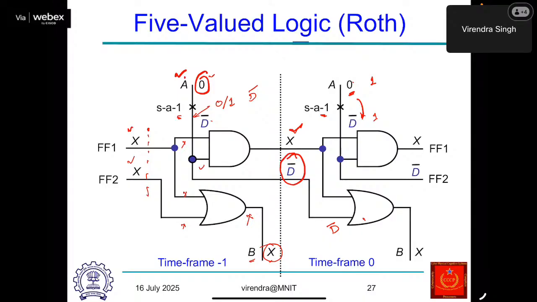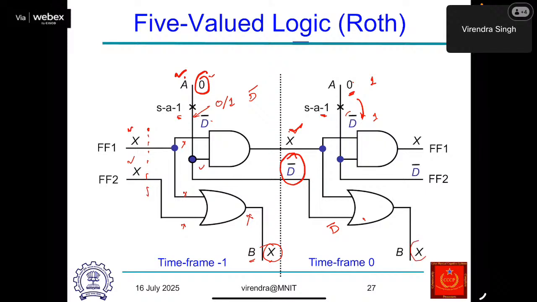What I want is that this fault effect which is available here, I want to propagate this to the output, but this is already determined, it doesn't depend on the current copy of the circuit.